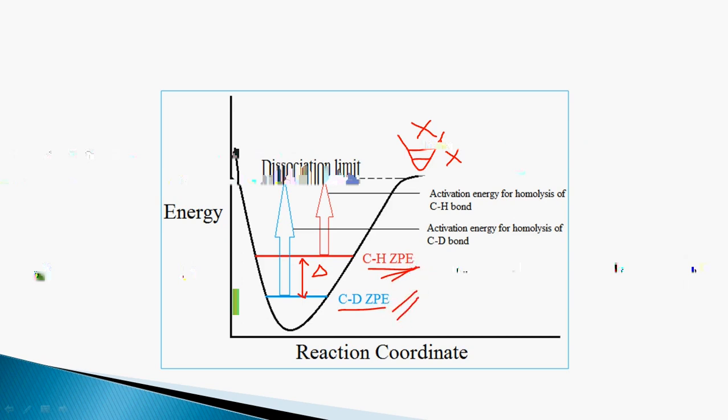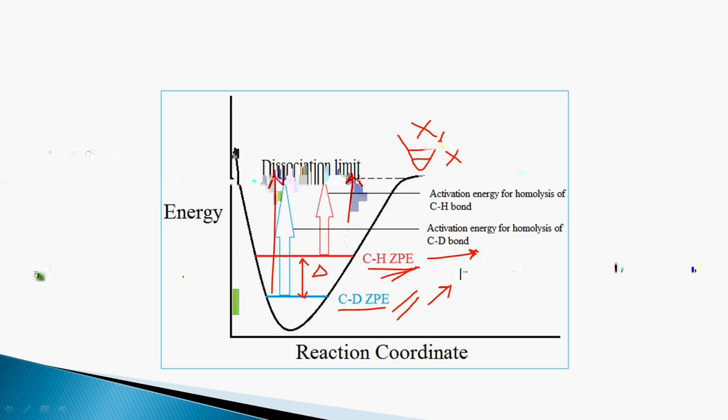In simpler words, if the CH bond has much higher vibrational energy in comparison to the CD bond, that means it will undergo cleavage much faster in comparison to cleavage of the CD bond.